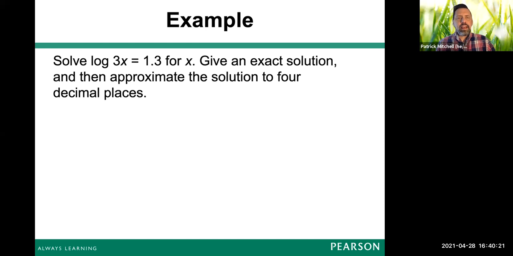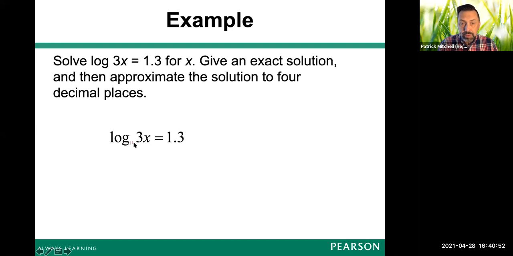Next we have solve log 3x equals 1.3 for x. We'll give an exact solution and then we'll approximate the solution to 4 decimal places. Starting with log of 3x equals 1.3, we're going to write this equation in exponential form. And here is where it might help to imagine that little subscript 10 there.